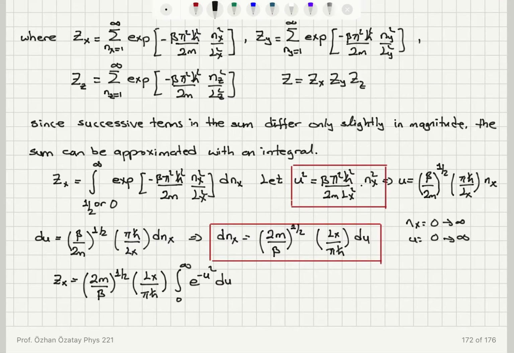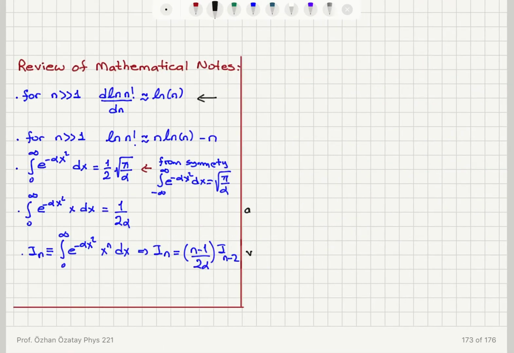Basically this is the integral of a Gaussian from 0 to infinity, and these types of integrals we have encountered before. If you go to the review of our mathematical notes, one of the results we had was this integral from 0 to infinity e to the minus alpha x squared dx is 1/2 square root of pi over alpha, where alpha is equal to 1 here.